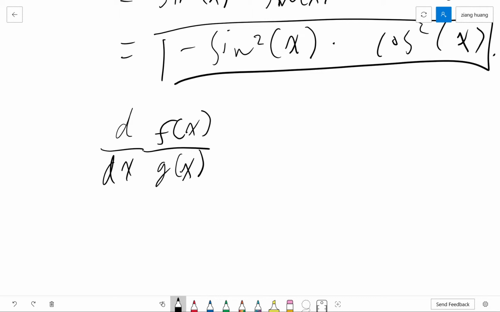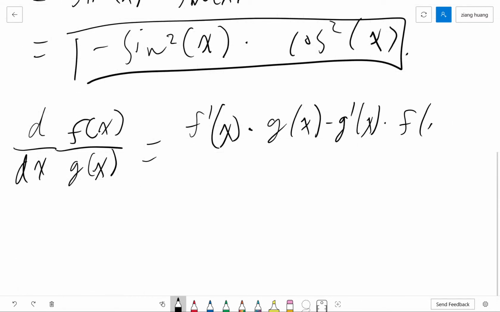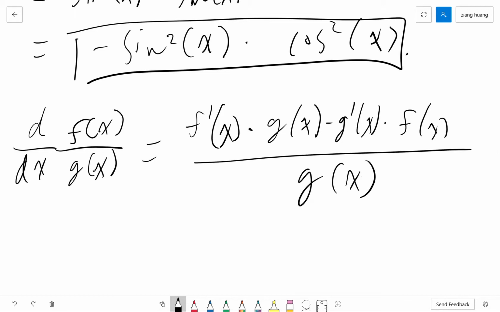The derivative of this function is equal to the derivative of f(x), where of course the premise is that f(x) and g(x) are both differentiable, times g(x), minus g(x)'s derivative times f(x), and this is all divided by g(x) squared.